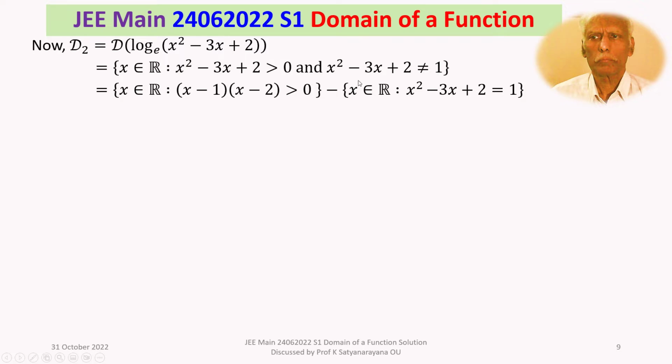Other than these points, (x - 1)(x - 2) > 0 gives minus infinity to 1 and 2 to infinity.